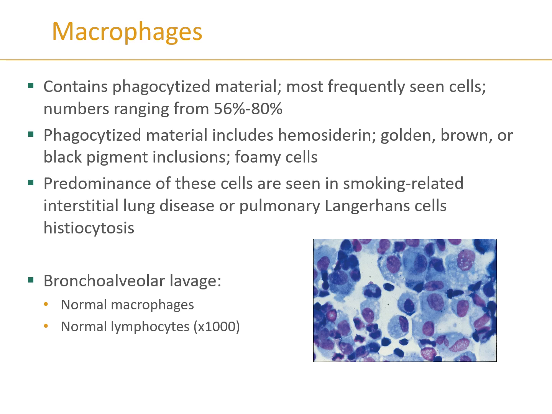The cells also are going to have a foamy, frothy look, so they're going to be really large cells. Predominance of these cells is seen in smoking-related interstitial lung diseases, or it can also be seen in a rare lung cancer that contains the Langerhans cells, which would be seen more on the histological findings.